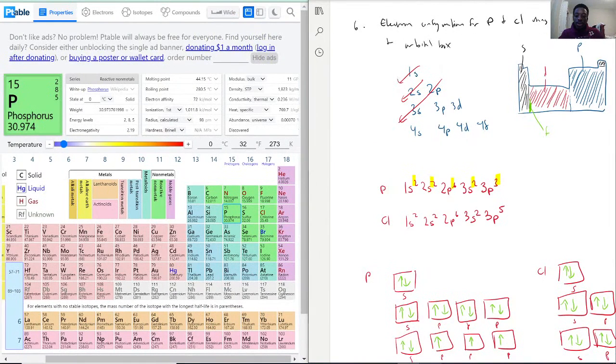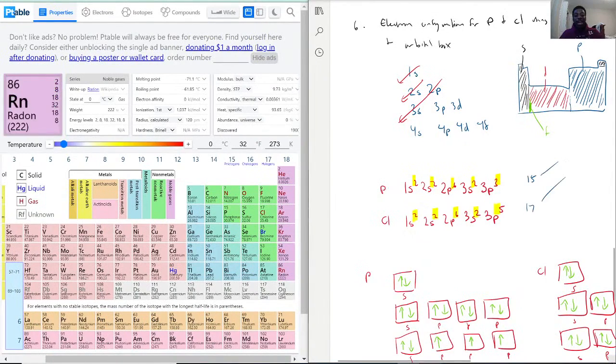Because if you remember, elements are typically determined by the amount of protons they have, and as long as you're not dealing with ions, you would have the same amount of electrons, hence why it tells you where you are on the periodic table. For chlorine, you have 10 and then up to 17. So we have 17, and chlorine is indeed the 17th element on the periodic table. So that is how they relate.